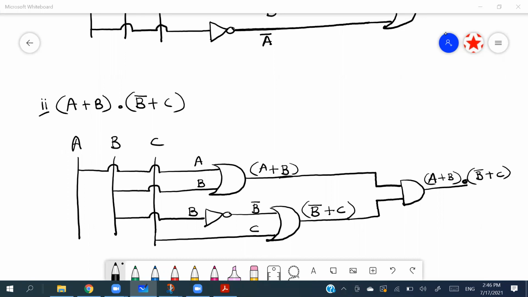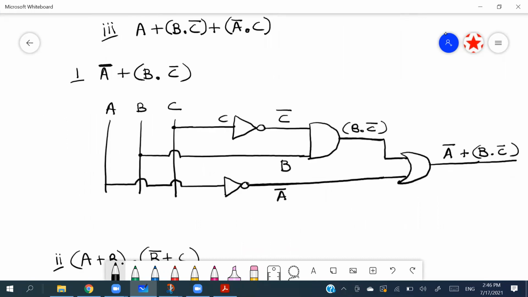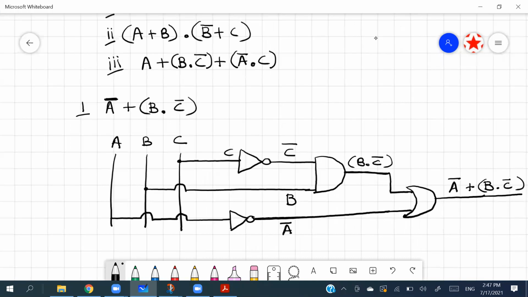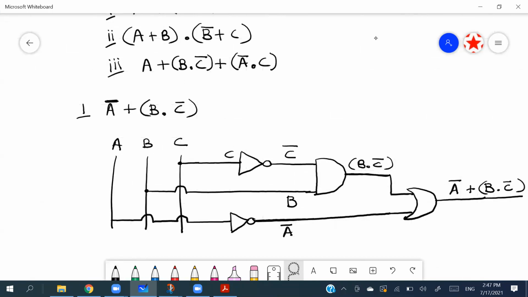So I'm going for the third one. Let me copy the third expression. So this is the third expression.